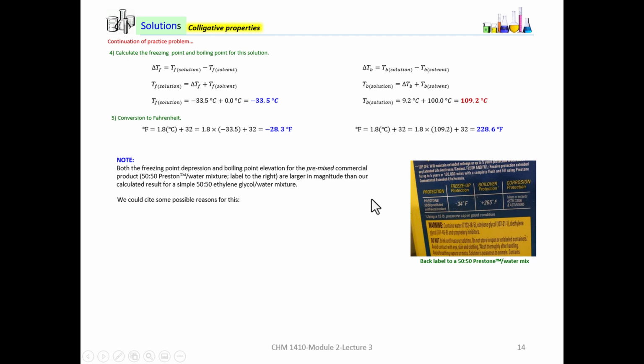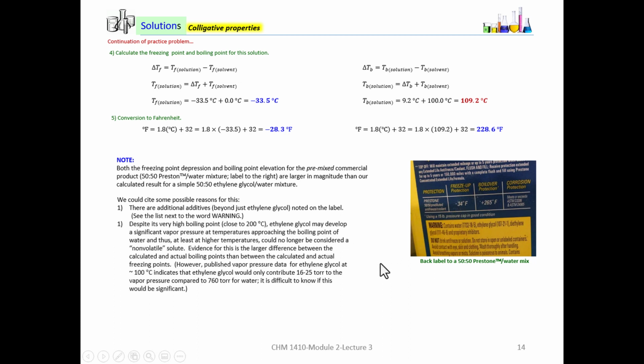Now, some reasons for this discrepancy, especially between our number for boiling point and the number on the bottle here, might be that there are additional additives just beyond ethylene glycol noted on the label, and it's not just rust inhibitors. You'll notice that it says it also contains not only ethylene glycol but diethylene glycol.